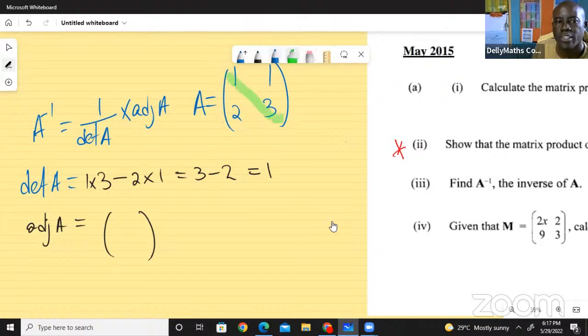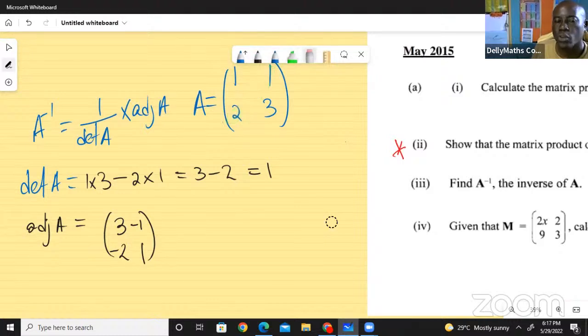We're going to swap, so the 3 goes where the 1 is and the 1 comes where the 3 is. And then after that, we change the sign on the non-leading diagonal. So we're looking at a positive 1, it becomes -1. Positive 2 becomes -2. So that's the principle for that.